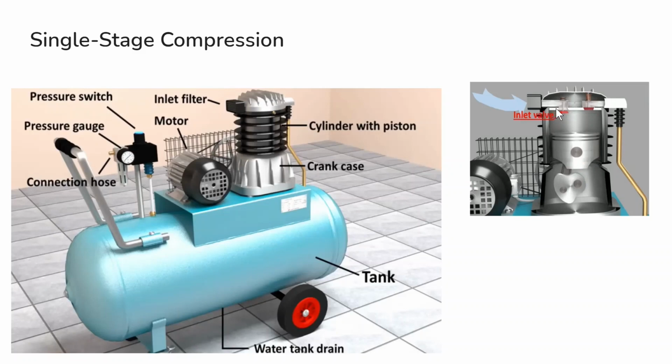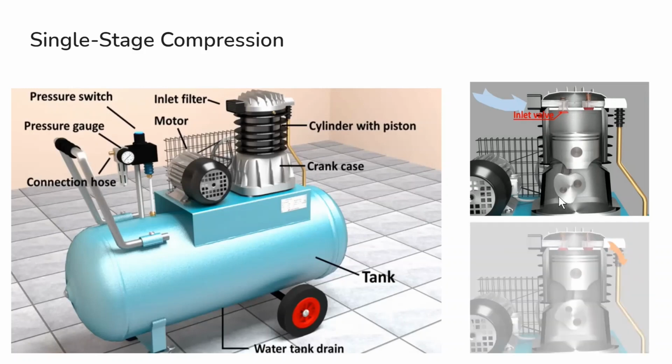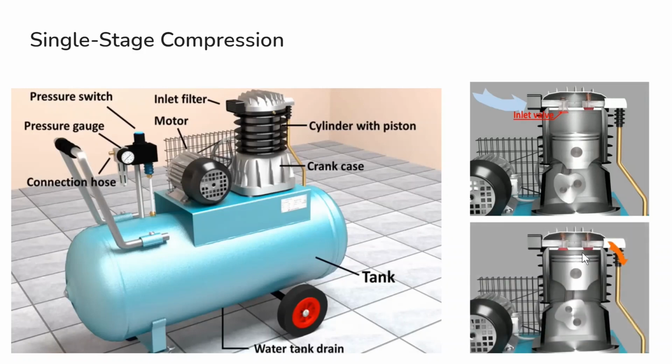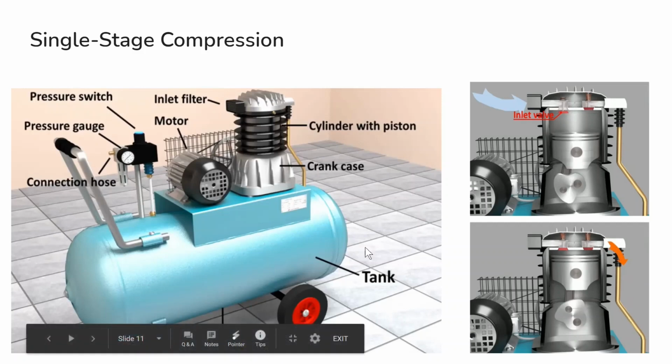We have an inlet valve here through which the atmospheric air enters, and this is the shaft which will be rotating. When this shaft rotates, the piston moves up and the air in this gets compressed, right? And we have an outlet here. That outlet opens and the compressed air is collected through this pipe into this tank.